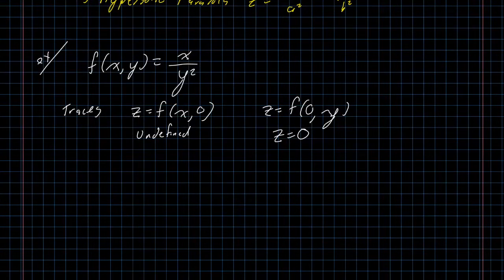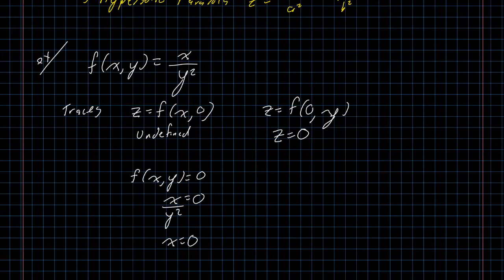The last trace is when z itself is 0, so that's the zeros of the function. f of x and y is equal to 0. Which gives us that x over y squared is equal to 0, which means that x itself is equal to 0.